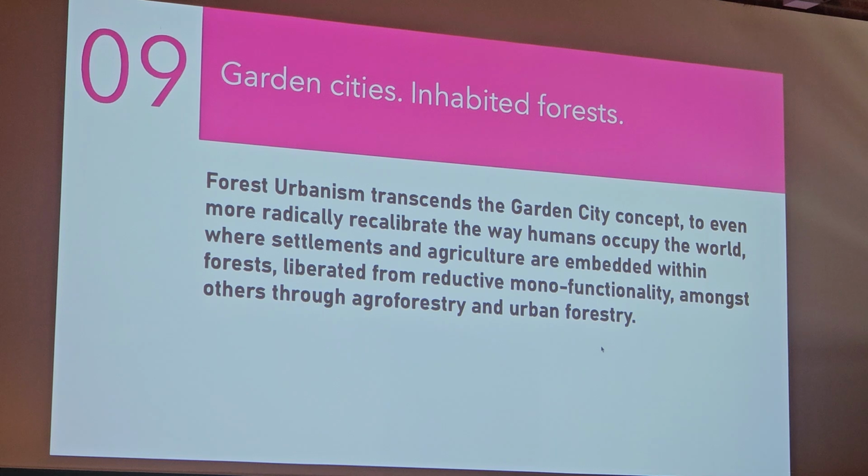If we look in the field of urbanism and the history of urbanism, we also know that we have concepts like the garden city, but for us, forest urbanism is a bit more than that. It's much more radical, and to think also about agriculture, and also to really get rid of this monofunctional.